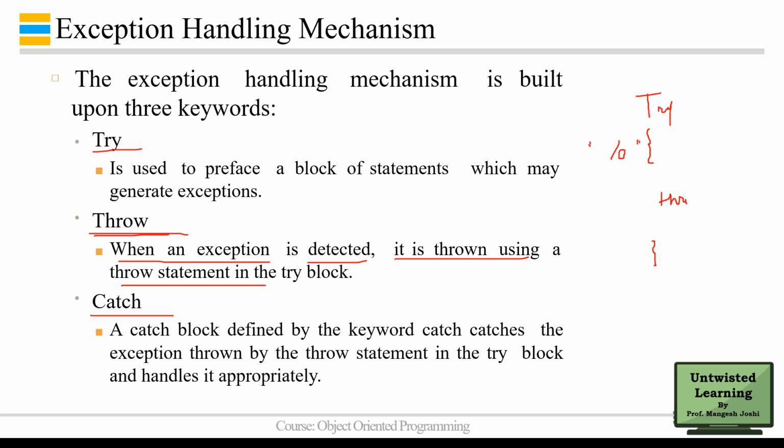Whenever something occurs, you will throw the exception, and outside this try block you will have a catch block. In this way, if an error occurs, it will go to the catch block. The catch block catches the exception thrown by the throw statement in the try block and handles it appropriately.